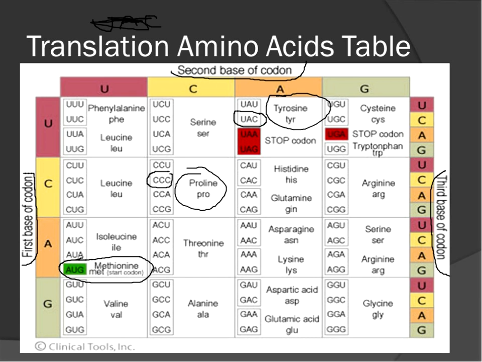Remember, you just read them 3 letters at a time. That's it. So AUG, here you go. It's your start, or methionine, your start codon. Then we got CGU, which is arginine, which is right here.